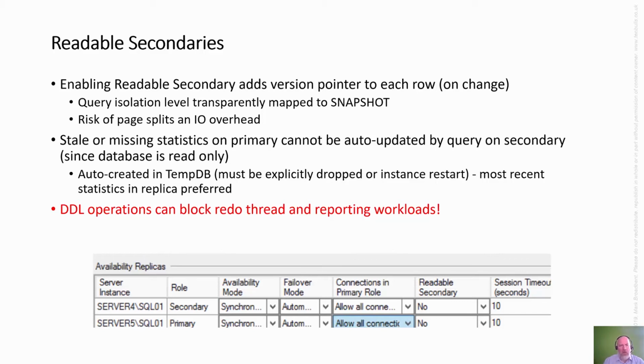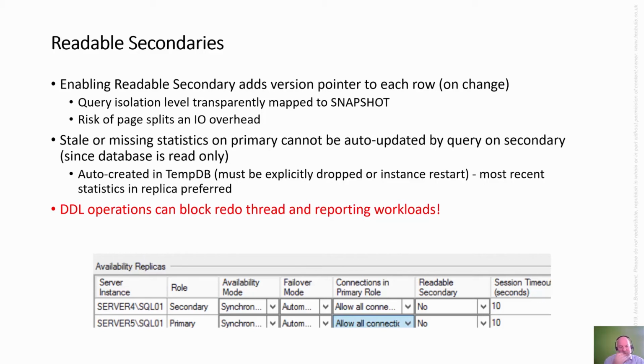There are a few other things to concern yourself about, and also please do not think just because you have a readable secondary you can just query the readable secondary with absolutely zero potential for ever getting blocked ever in your life again, because that's not the case. There are some DDL operations that could actually block you on a secondary as well, which is listed in this slide.